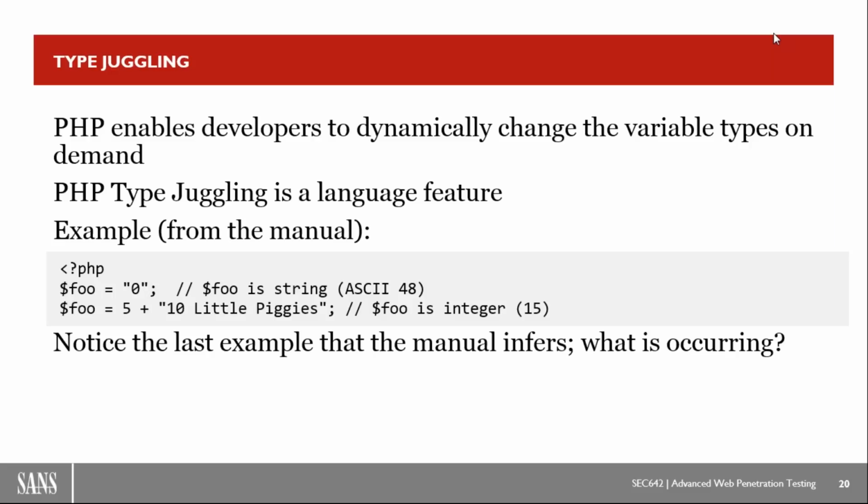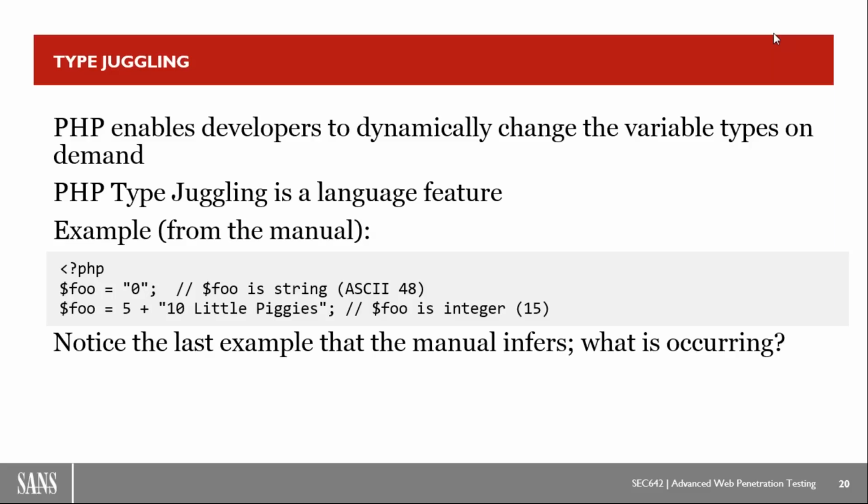If I declare foo to be 5, and then I say foo is not just 5, foo is 5 and the string value of 10 little piggies, what PHP does is take the portion in quotes and infer that it's an integer first.